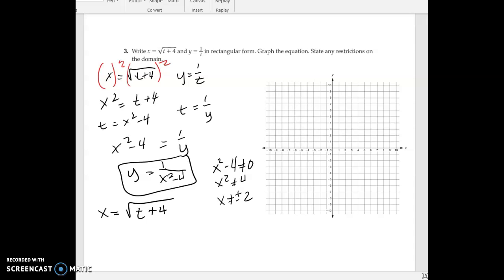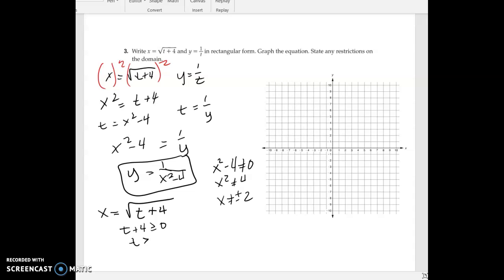And in this case, when we take the square root of something, first of all, under the radical, you can't take the square root of a negative. So t plus 4 has to be greater than or equal to 0.